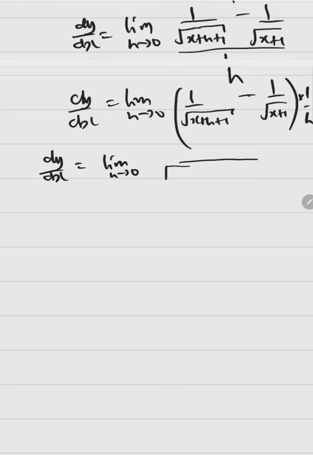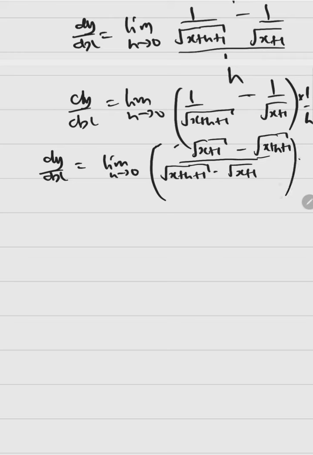You know your LCM will be square root of x plus h plus 1 multiplied by square root of x plus 1. Then it remains square root of x plus 1 minus square root of x plus h plus 1. And don't forget, we have multiplied by 1 divided by h.